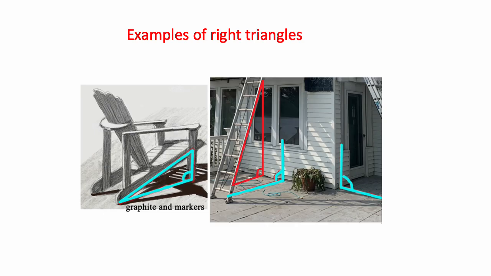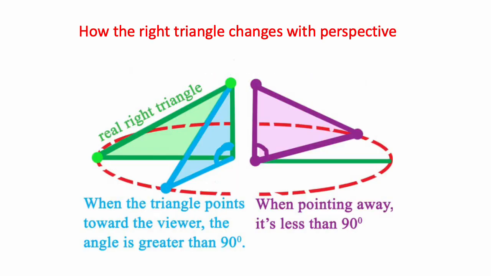We see right triangles everywhere because they connect vertical and horizontal surfaces, like furniture or the house and the terrace. All these right angles are a little wide because we're seeing them from a bird's eye view and they're pointing toward us. The appearance of a right triangle changes depending on whether it's projected toward or away from the viewer.